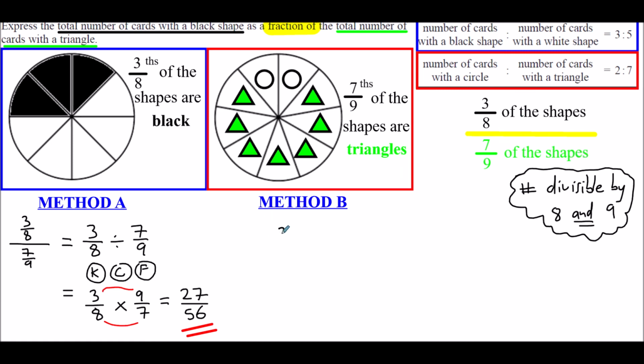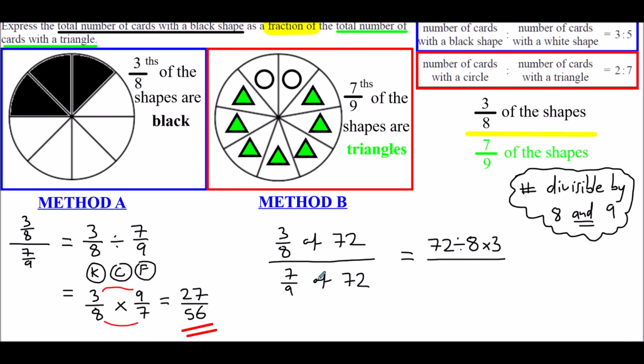So think of what 3/8 of 72 is as a fraction of 7/9 of 72. To find 1/8 of a number, we divide it by 8, and to find 3/8, we'd multiply by 3. So we do 72 divided by 8, then times by 3.